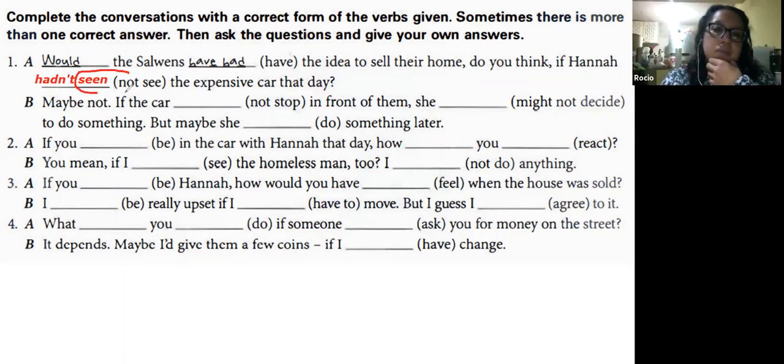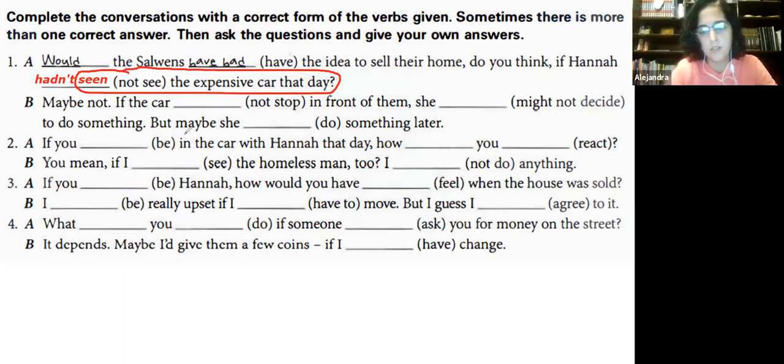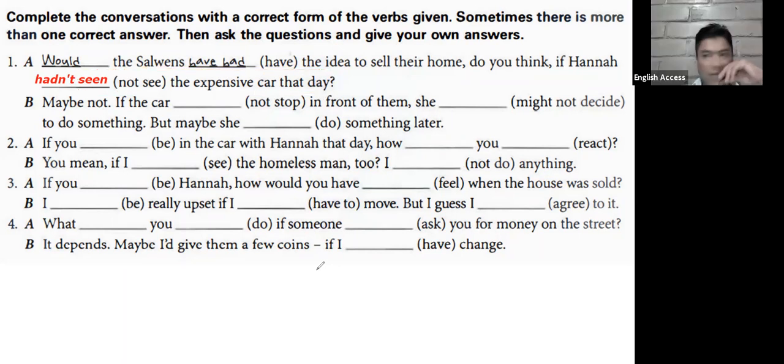Hadn't seen the car. Are we talking about a result or a situation? A situation. So no would, right? No, would. And here we have the expression if.